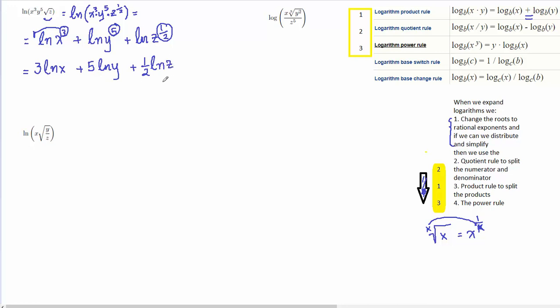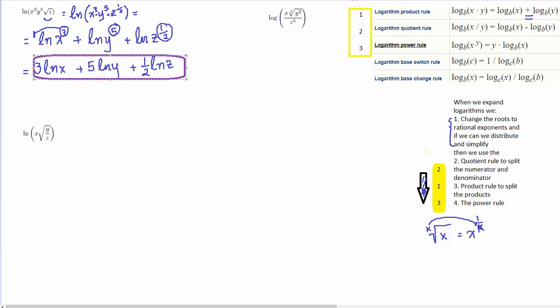And that's my answer for this problem. This is my final answer, because the only thing that I wanted to do was to expand the logarithm into a sum and difference of different logarithms. So that's my answer.